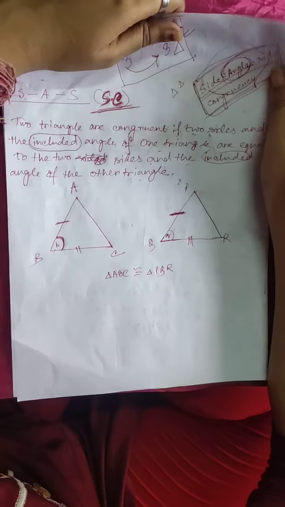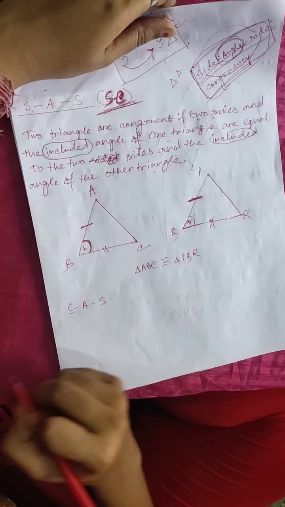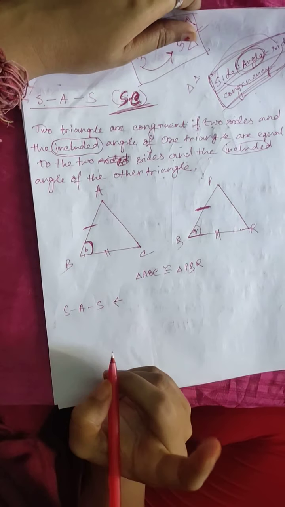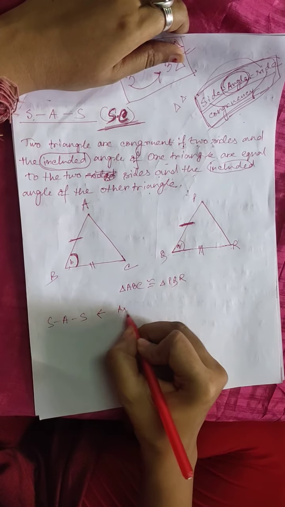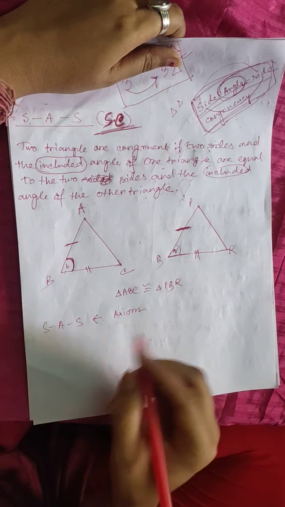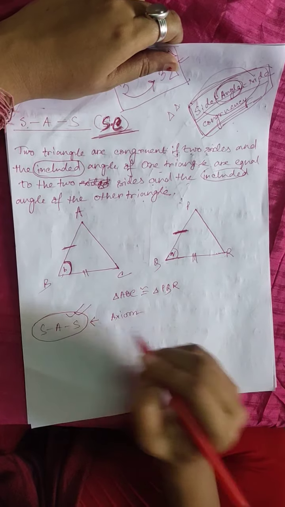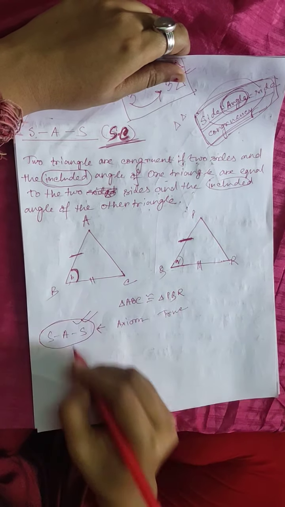Now, remember one thing, this congruency, that is SAS congruency, is not a theorem. It is an axiom. Now, what is the difference between a theorem and an axiom? It is an axiom, that means we know this is true. There is no need to prove this.